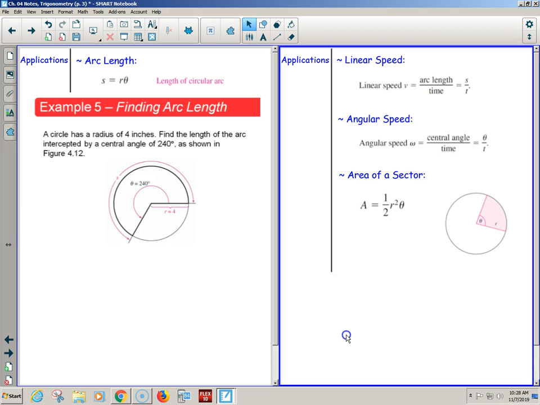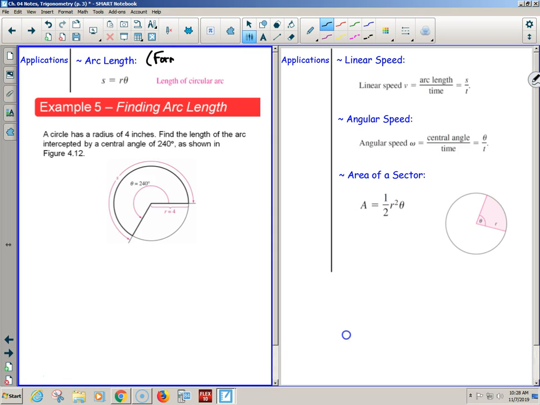Basically, here's what I need you to realize. With any sort of physics formulas based on an angle, we need radians. Any sort of physics formula based on an angle.